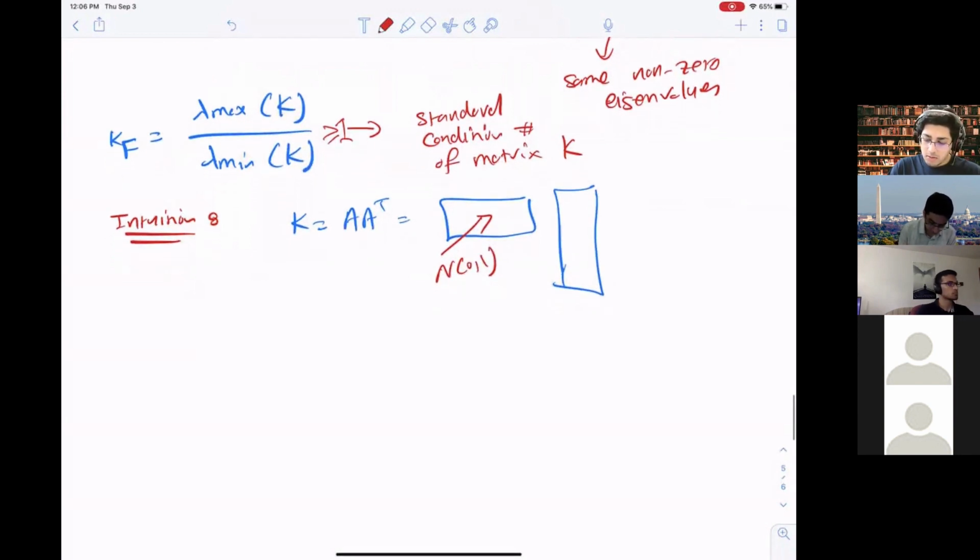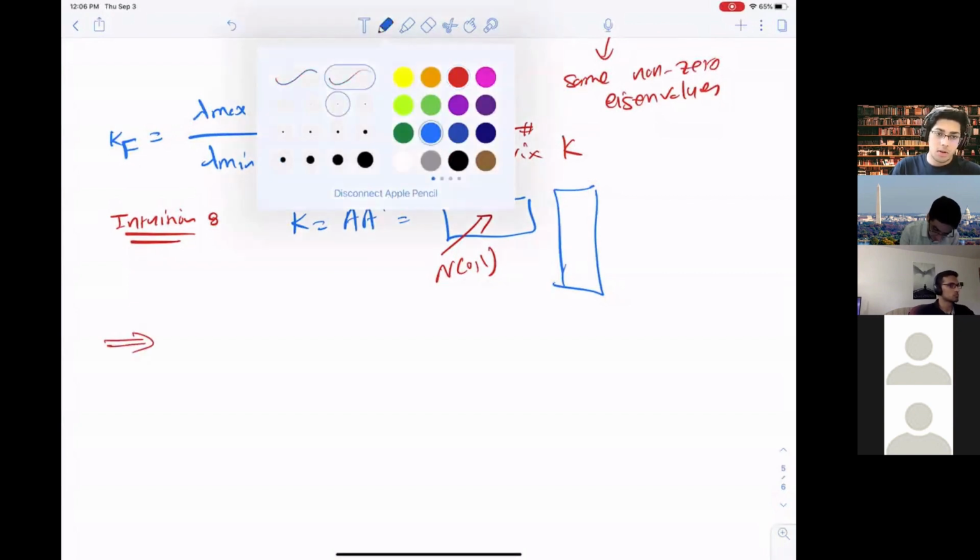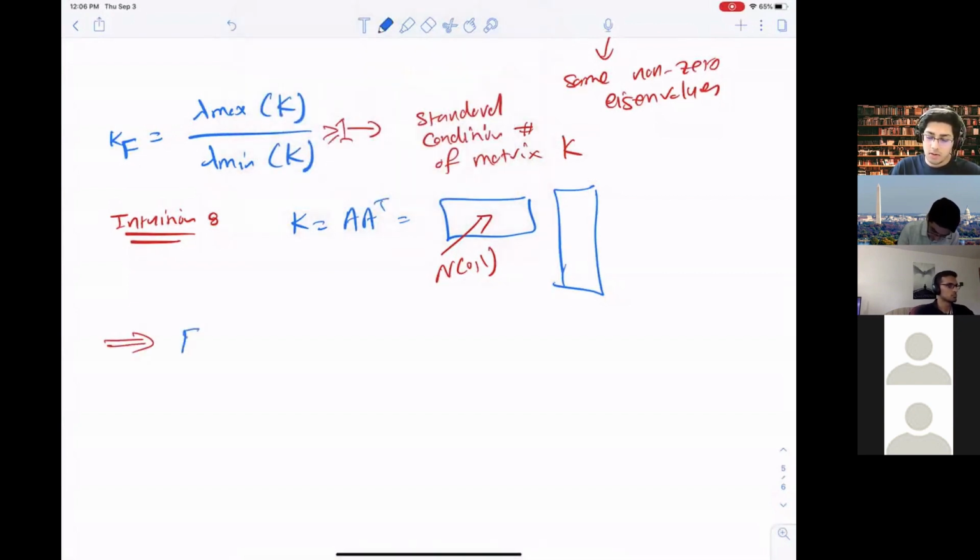These are random numbers. There are some results showing that, for this random matrix, if I look at the expectation over different randomizations, the log of the condition number of this matrix is going to approach log of the quantity m over m minus n, plus 1.